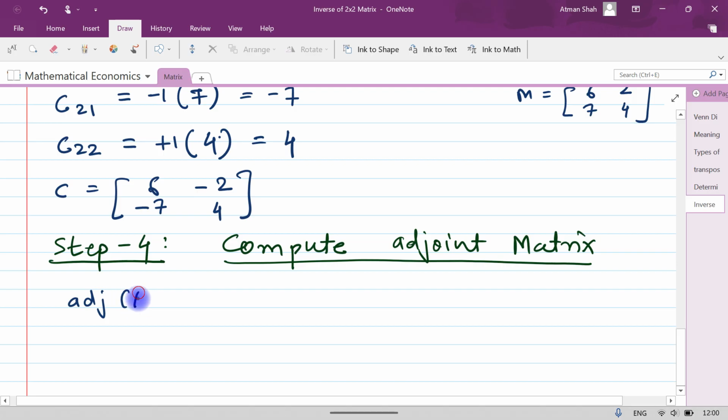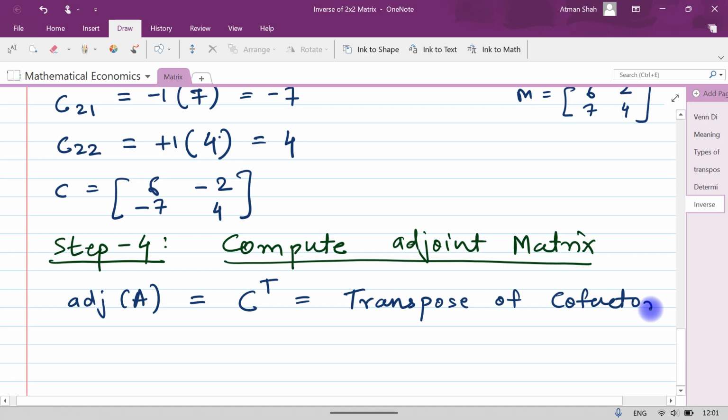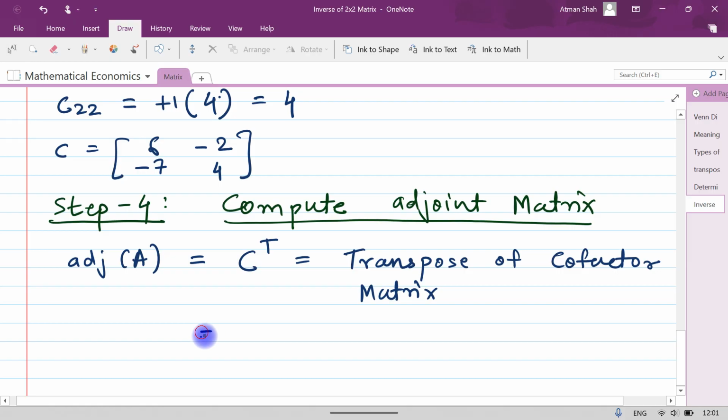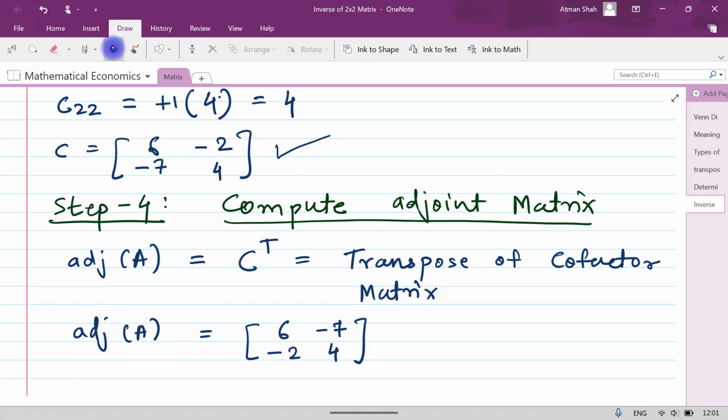Adjoint of matrix A is the transpose of the cofactor matrix. So therefore, now we take the transpose of this matrix. So how do we find it? It is 6, minus 2, minus 7, 4. This is our adjoint of A.